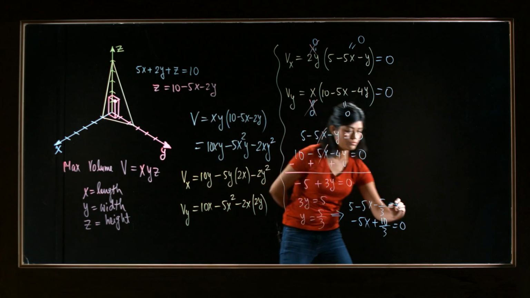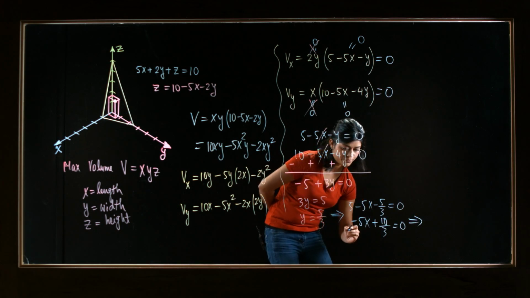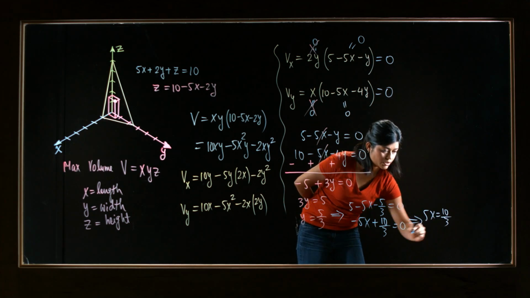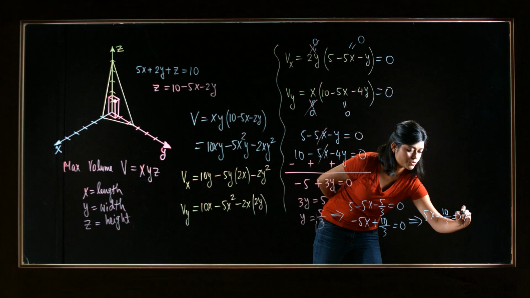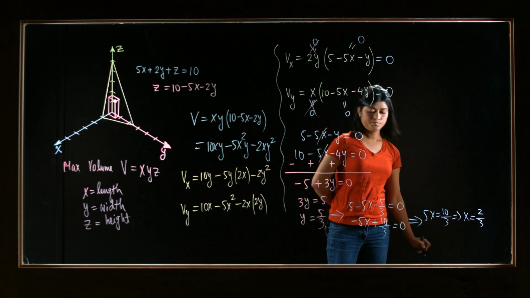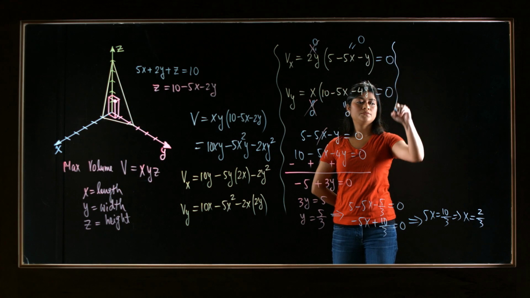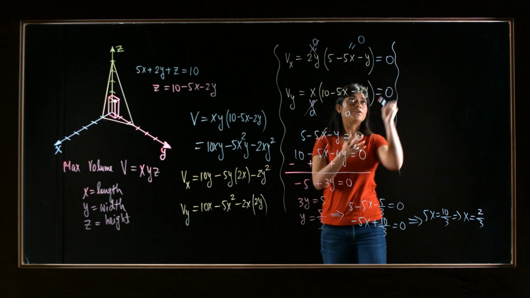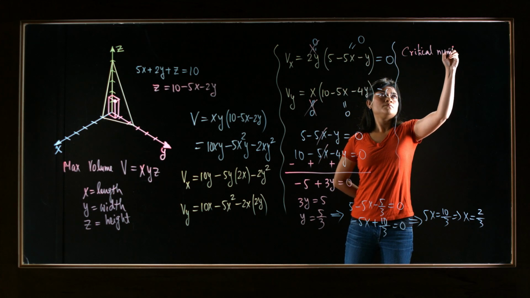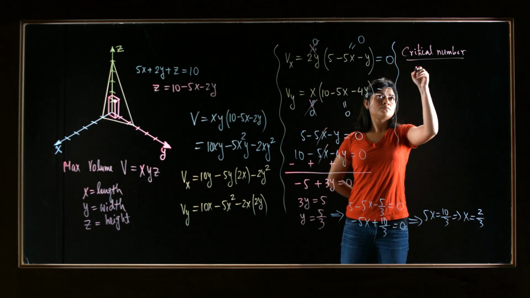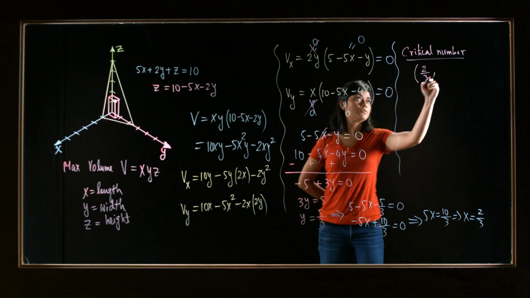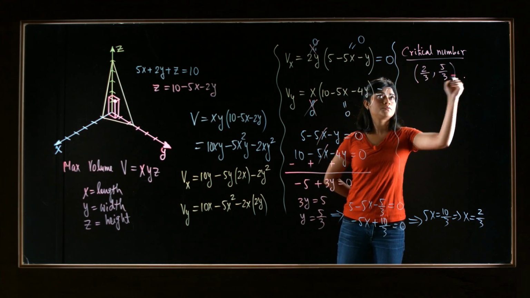And so we have 5x equal to 10/3, so x is equal to 10 divided by 5 is 2, so x is 2/3. Okay, so we get our critical number, 2/3, 5/3.